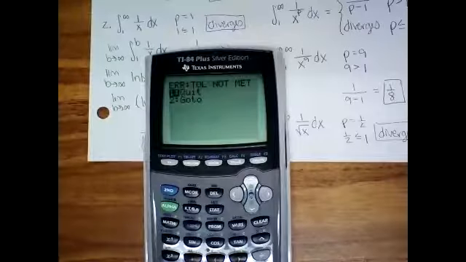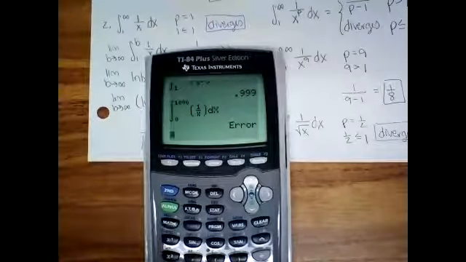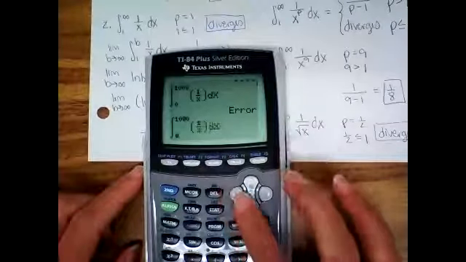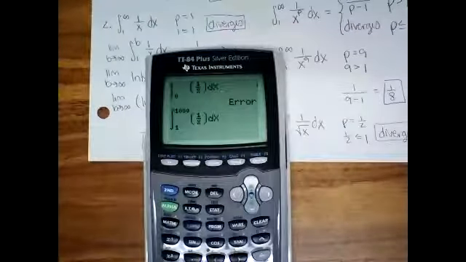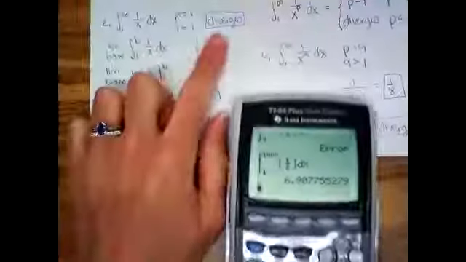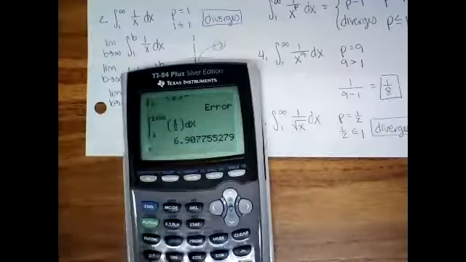But it will come up. Oh, what happened? Oh no, it didn't give us that one. Oh, I did. I put 0. Oh, thank you. I'm sorry. There we go. See, it gives an answer, but we know that it diverges. So you have to be careful with it. But for what it's worth, you can do that in the calculator as like a little bit of a workaround or a check.